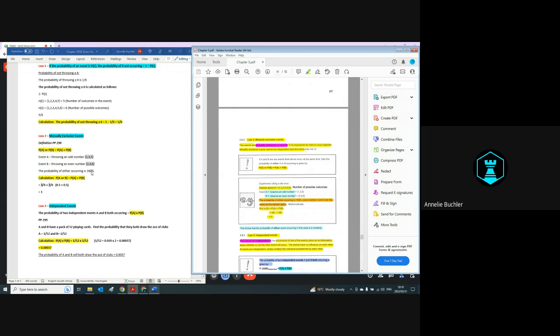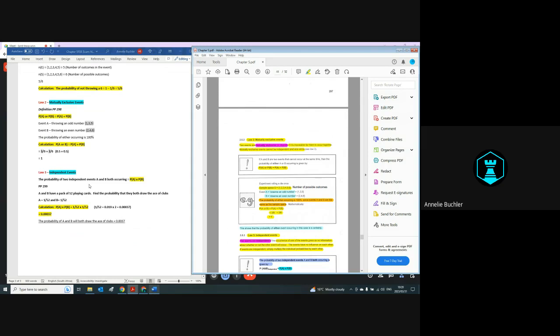Half of 100 is 50%. So 3 out of 6 is 50%, plus 3 out of 6 is 50%. So it is 0.5 plus 0.5 equals 1. If you divide 3 by 6, the answer is 0.5, plus 3 divided by 6 is 0.5. I added this in because the explanation doesn't show how they got there, so do the calculation and then just in brackets say 0.5 plus 0.5 equals 1.